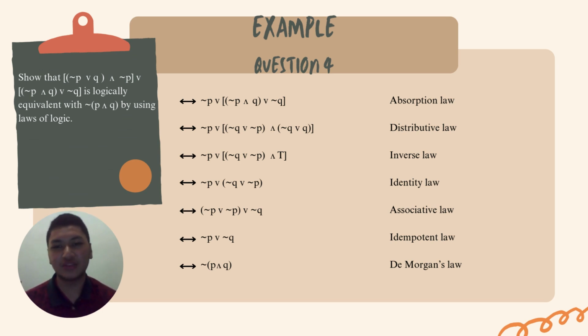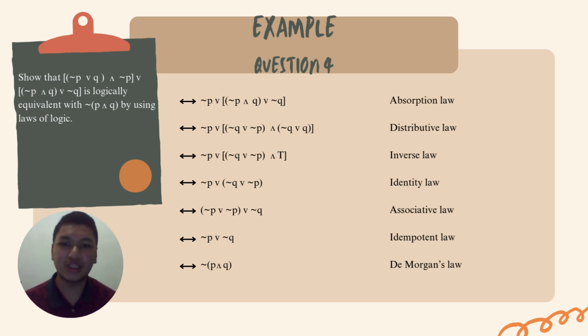Okay, so for the first one, we will proceed with the A statement earlier. A is (¬P ∨ Q) ∧ ¬P. From there, we can use the absorption law, which simplifies it and we will get ¬P only.